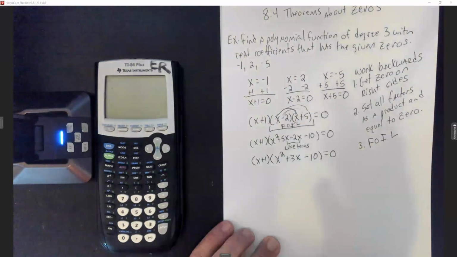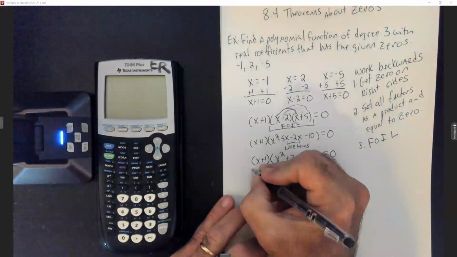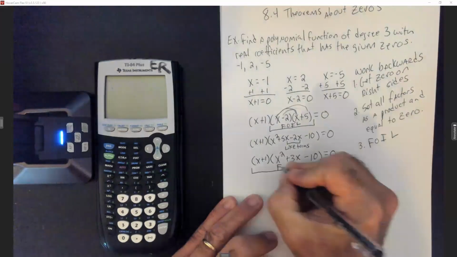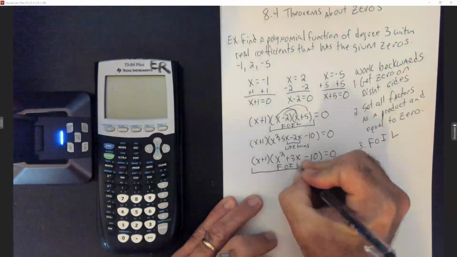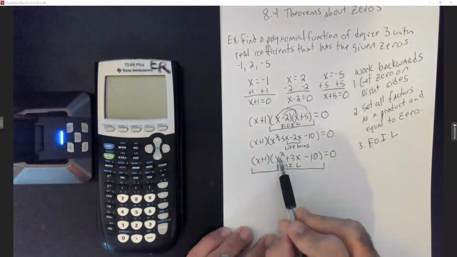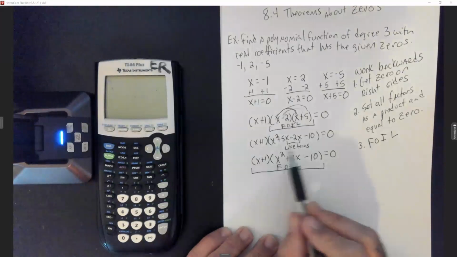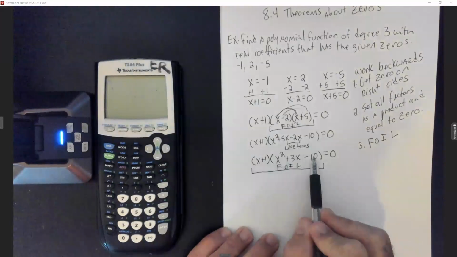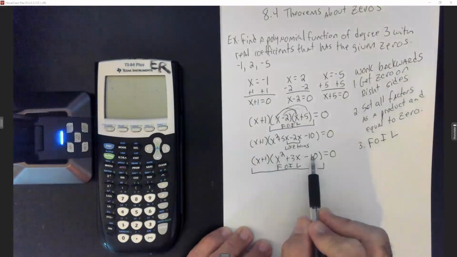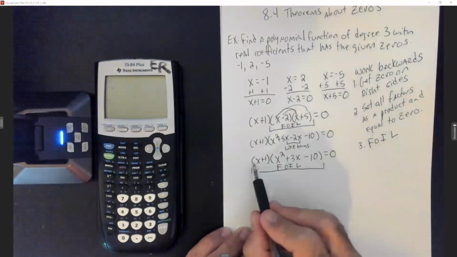So now there's nothing else I can do inside the second parentheses. So what I'm going to do now to finish this problem is FOIL all of this. Now it's just like FOILing. You're going to take this x and multiply by all 3 of these terms. And then I'll take the 1 and multiply by all 3 of these terms. So both of these times all of these.